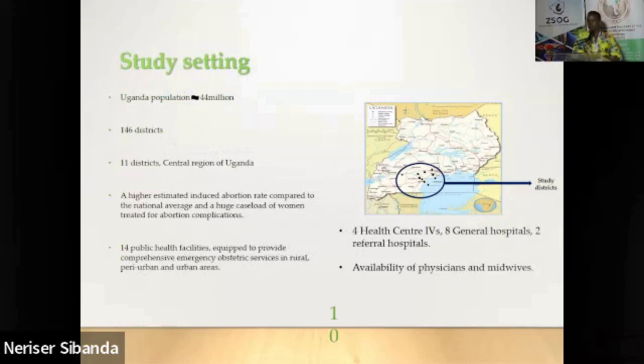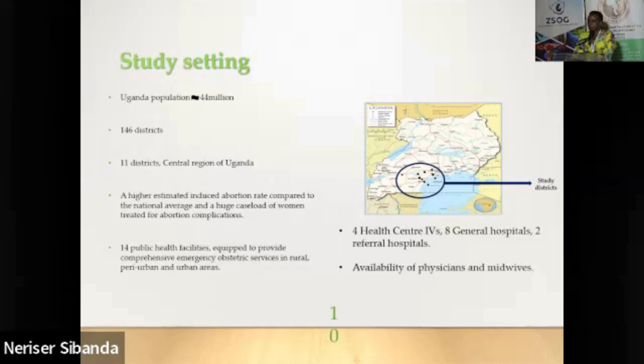Because at that time, the central region of the country had reports of a higher incidence of abortion compared to the national average. So here in the central region was about 56 induced abortions per 1,000 women compared to the national average of 39. So all these facilities were public health facilities that were offering comprehensive emergency obstetric care services.